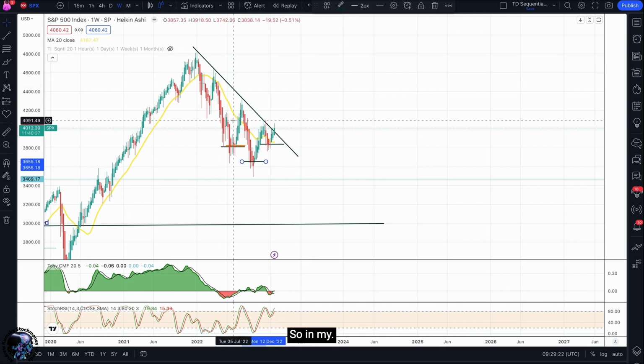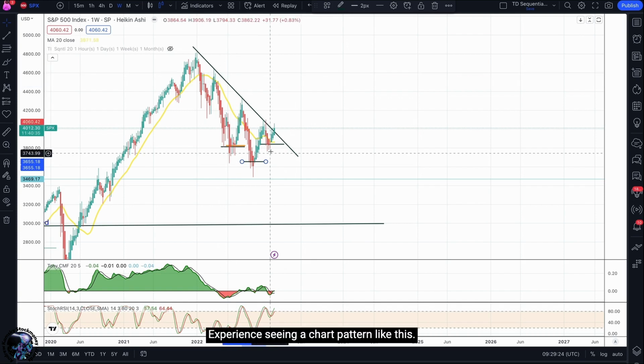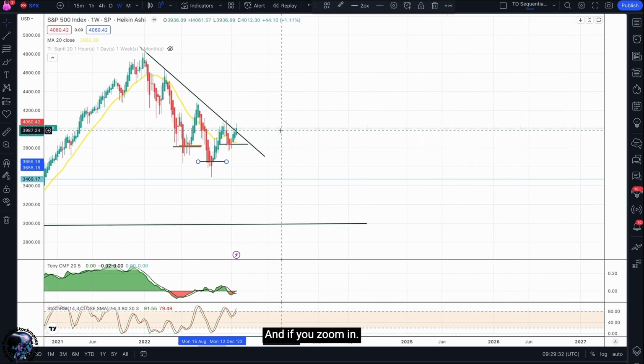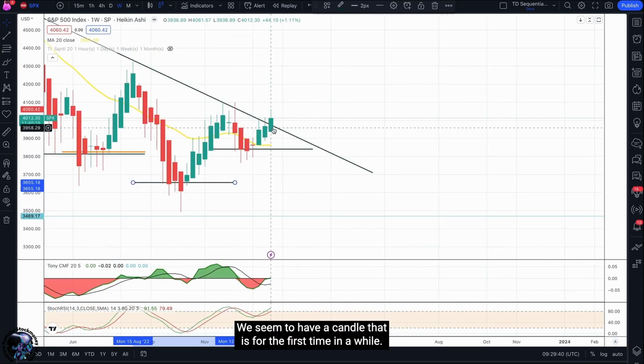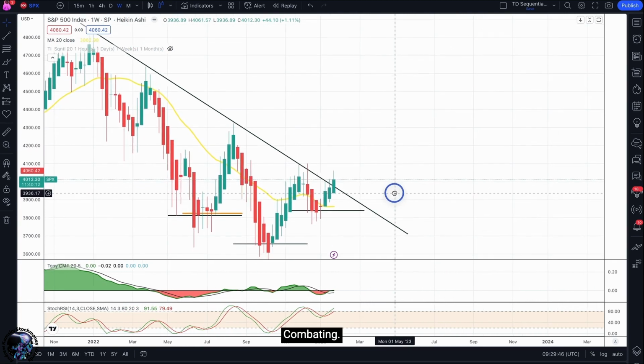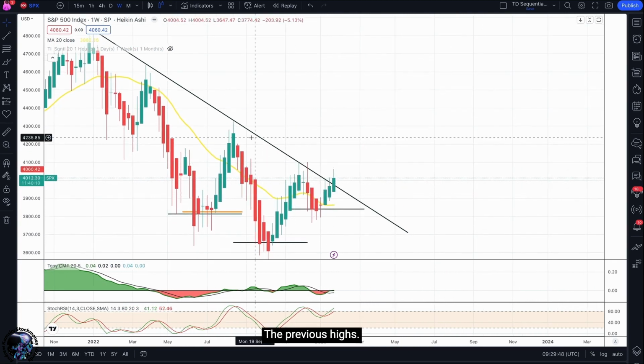So in my experience, seeing a chart pattern like this, we are above the 20-week moving average. That's a good sign. And if you zoom in, we seem to have a candle that is, for the first time in a while, combating the previous highs.